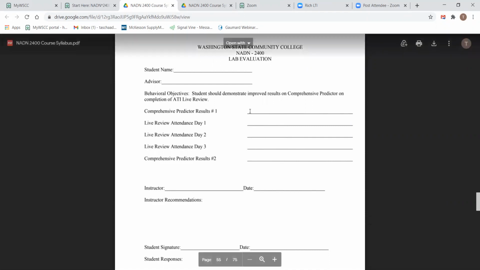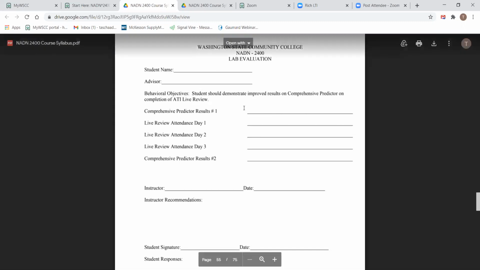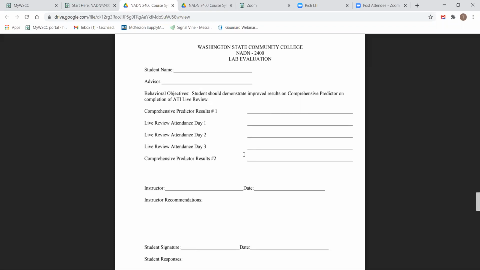So if you are not doing well here, or let's just say that you've been a reentry into the ADN program, if I have any inclination that you will need to take virtual ATI, we'll discuss it at that point. You'll already know based on the guidelines. But we will be discussing virtual ATI when we meet for both of these.